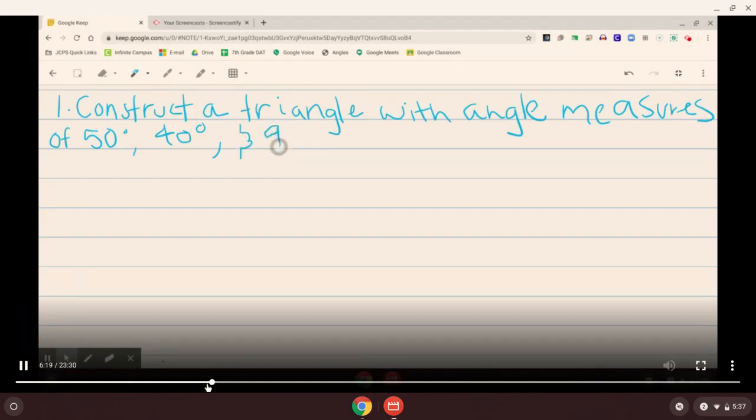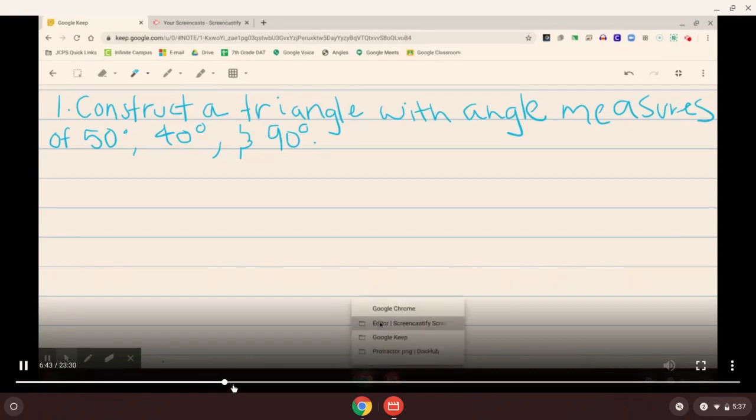And with these 3 angles, we know this is a triangle. It makes a triangle because 50 degrees and 40 degrees added together is 90 degrees, and 90 degrees plus 90 degrees is 180 degrees. So all those angles add up to give you 180 degrees.